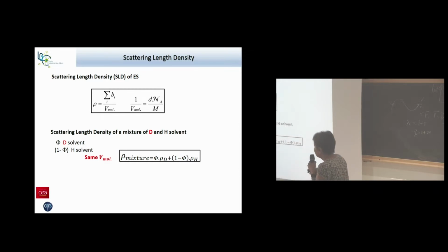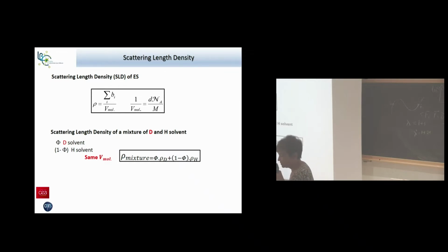So another principle that I have to introduce. This is true for both radiations, but it's very interesting for neutrons, as we'll see later. What is the scattering length density of a mixture of solvents? In a sample with a mixture of solvents, I take a fraction phi of deuterated solvent and 1 minus phi of hydrogenated solvent.